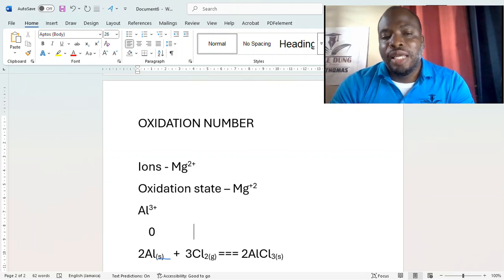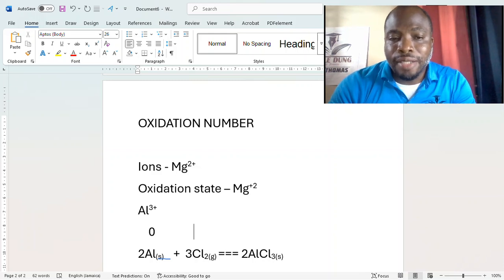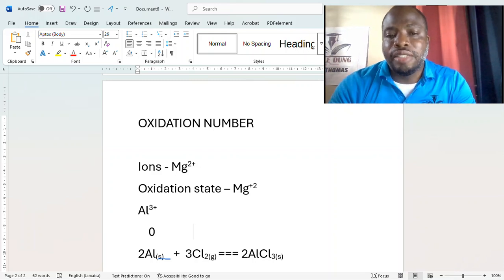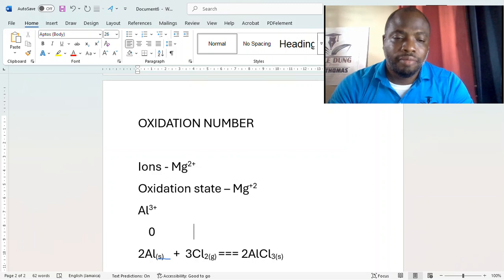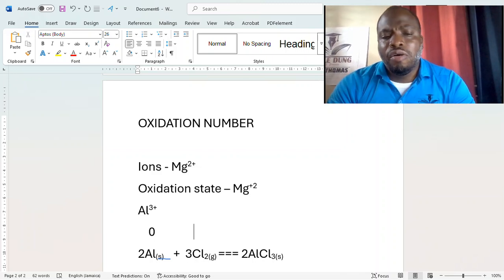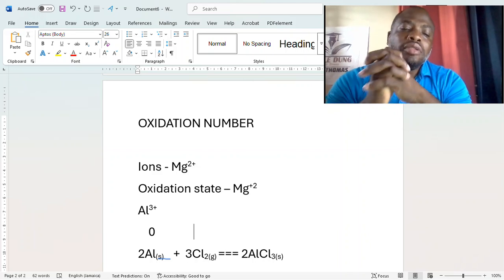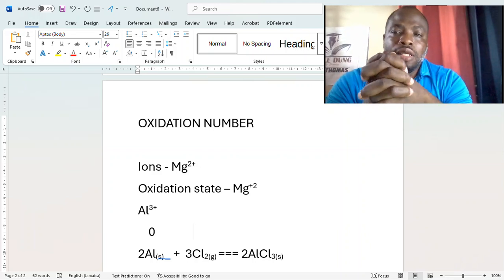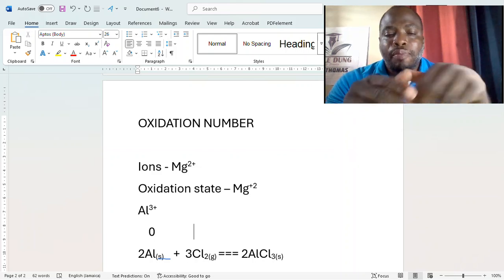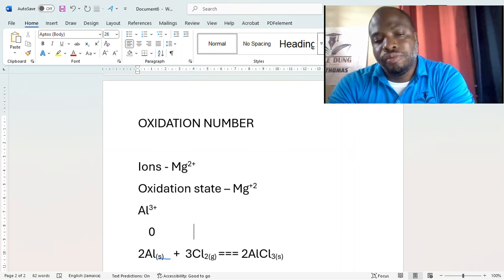So I reiterate the other rule. We said that in the case of ions, the magnitude of the ion is a representation of the charge, or the oxidation number, of that ion. We know that we have 7 diatomic elements, and we have one in this equation right now.